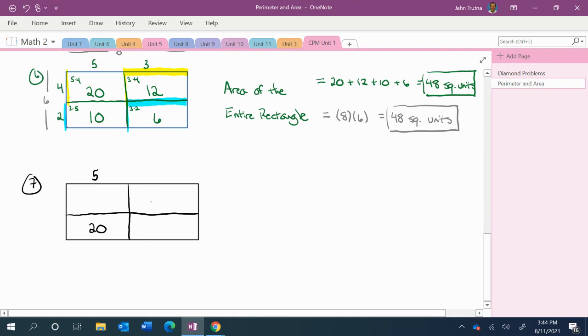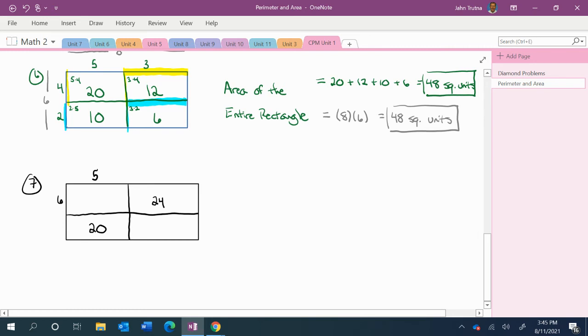And the top right rectangle has an area of 24. And there is a 6 right there. Okay, so now this one becomes a little bit where you have to break it down and look at it.